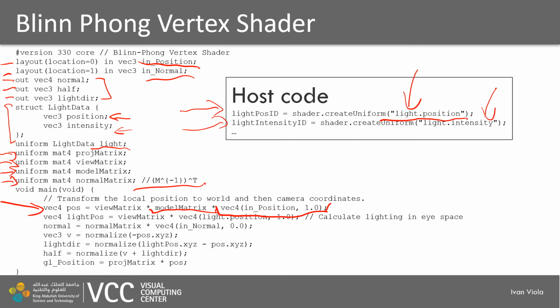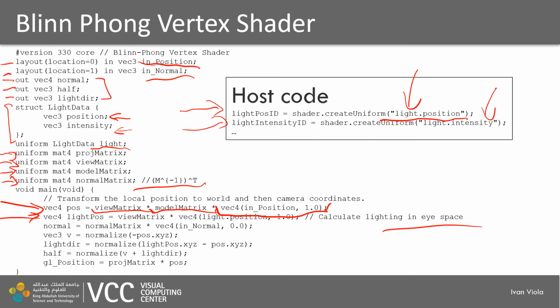Then we are performing the viewing transformation, and this way we get our positions in the camera space. In this camera space, or eye space as it is called here, these terms, as you know, are used interchangeably.